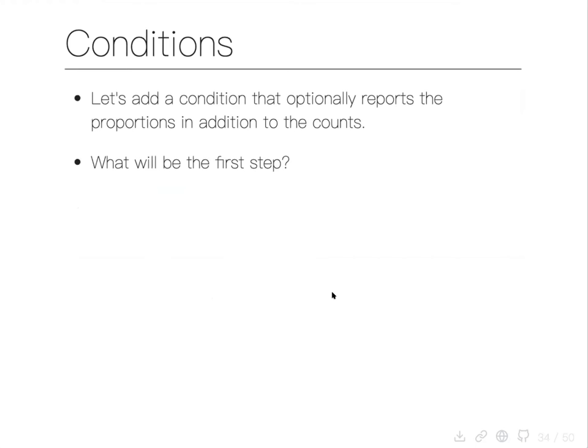Okay, what's going to be the first step to do this if I need to do this? I want to add a condition that optionally adds in the proportion. So it's not always going to do it. It's only going to do it sometimes. What's going to be the first step to doing that?